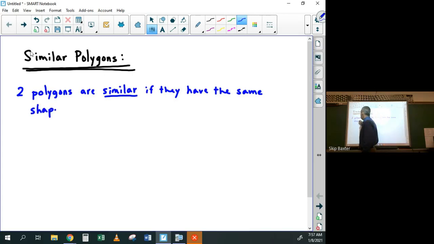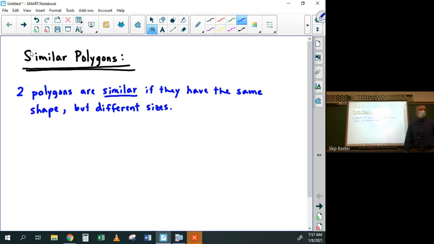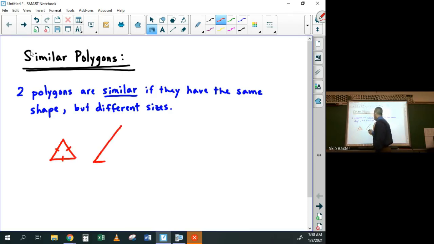Same shape. Okay, so like for example, you could have a small equilateral triangle and a large equilateral triangle. Right? They're the same shape, but definitely in different sizes.